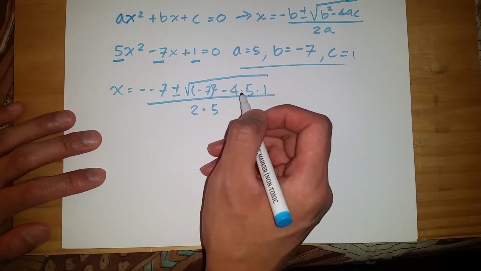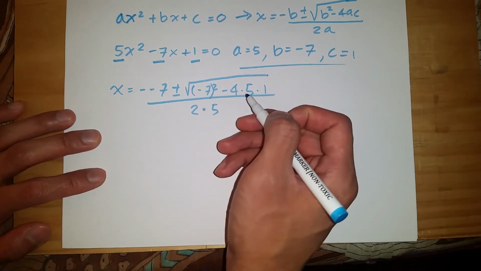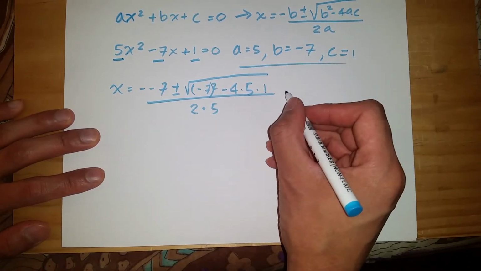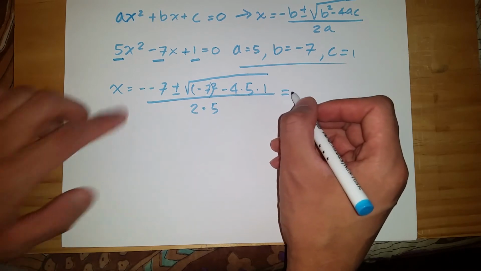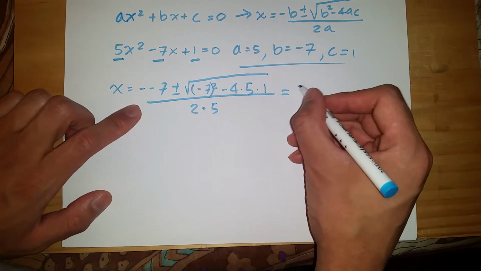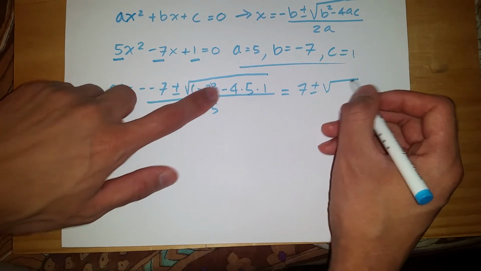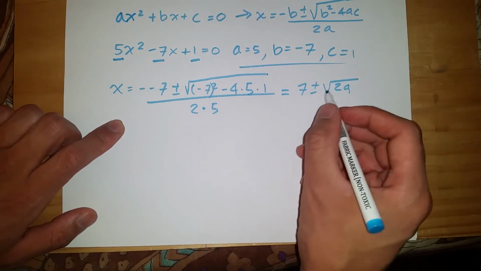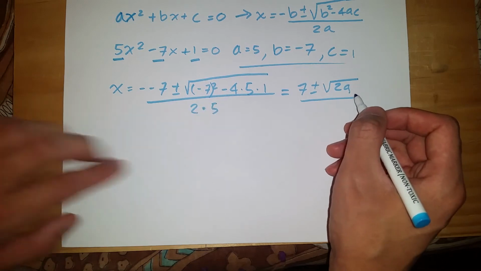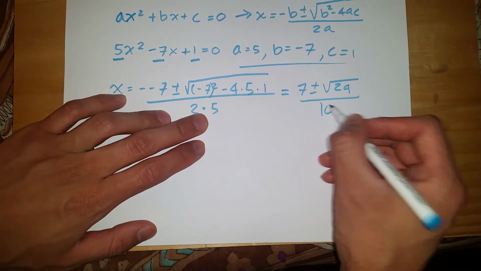So 49 minus 20, that's 29, right? And a double negative becomes positive. So 7 plus minus the square root of 29 all over 2 times 5, which is 10.